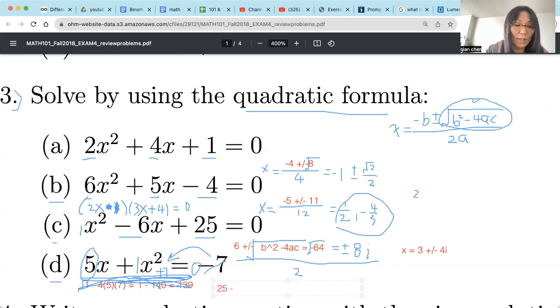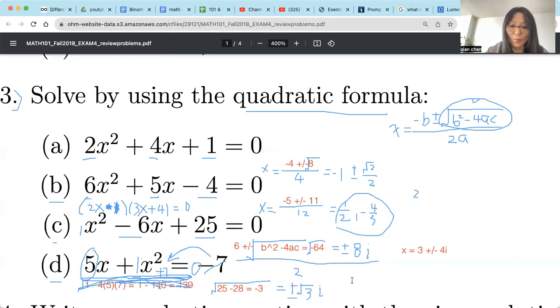So b squared is 5 squared, which is 25, then minus 4ac. a is 1, so 4 times 1 is 4. Then 4 times 7 is 28. So we get negative 3. Then when we take the square root, we still get complex numbers as a solution. This equals plus or minus square root of 3 i.